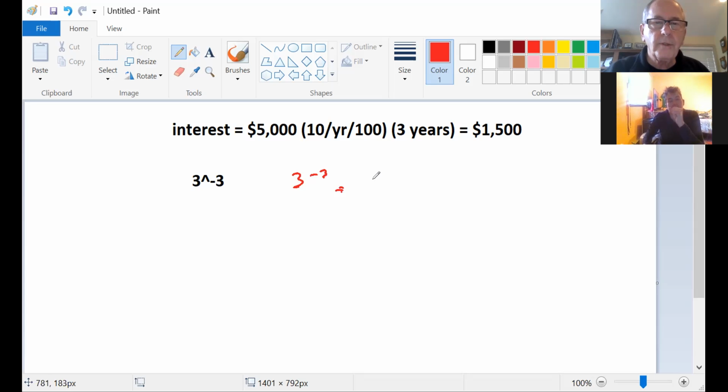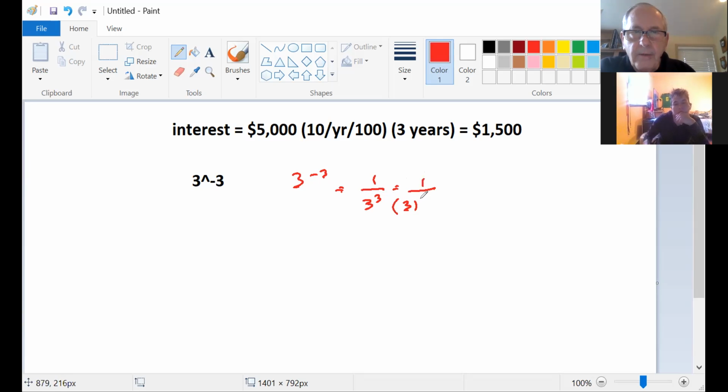So the 3 to the minus 3. First thing you want to do, you want to put 1 over 3 to the 3, because there's an exponent rule that says if you have 3 to the minus 3, you can invert it and make it 3 to the 3. It means the same thing. But now I have it in a form where I can easily convert that to a number. 3 to the third power is 3 times 3 times 3, and that whole thing is equal to 1 over 27.